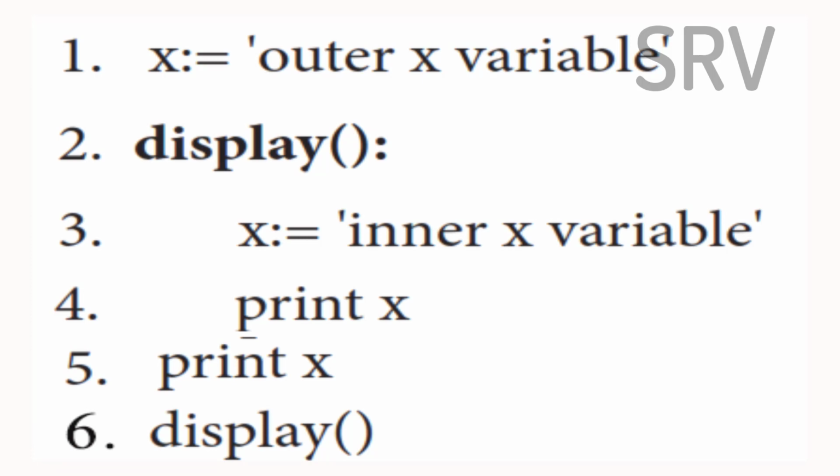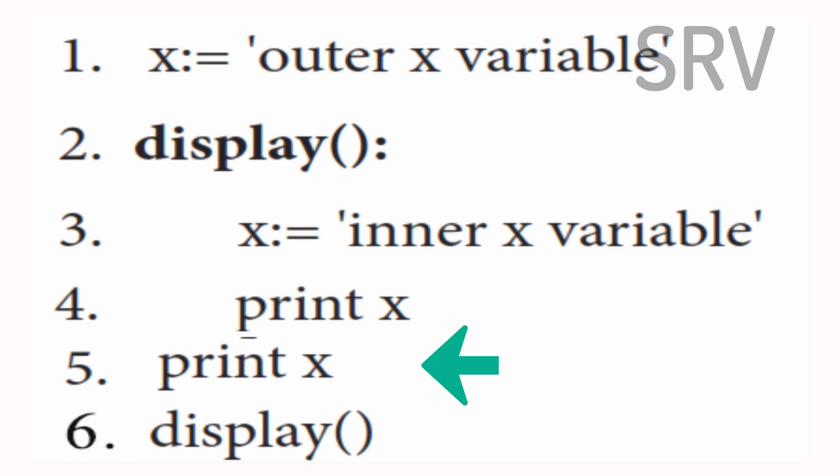Once the pseudocode is executed, the first statement x is equal to outer x variable gets executed. The value outer x variable is assigned to x. Once the statement gets executed, it directly comes to statement 5, the print x. Here the value of x gets printed. So which value gets printed is the statement 1 value, outer x variable.